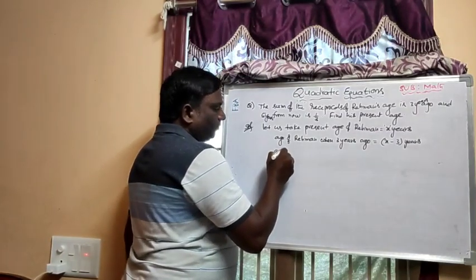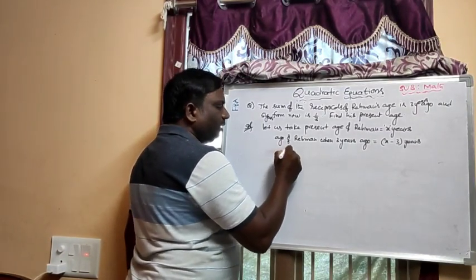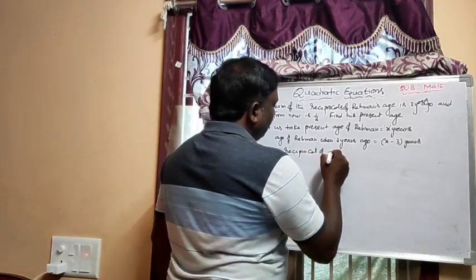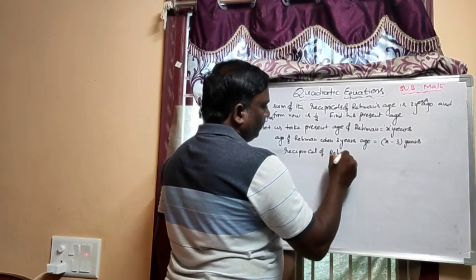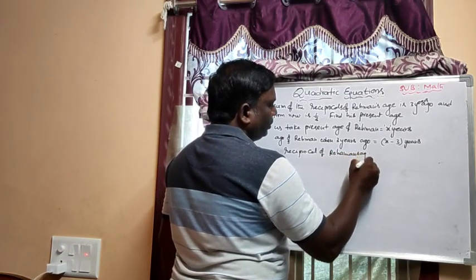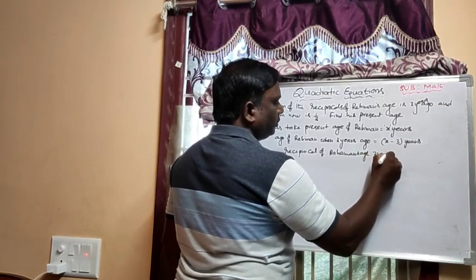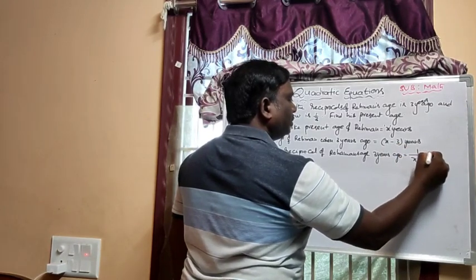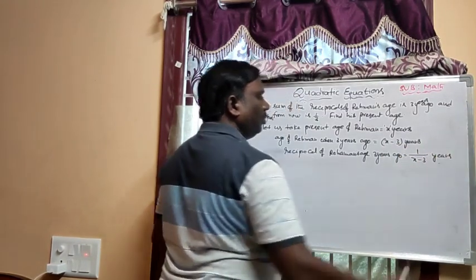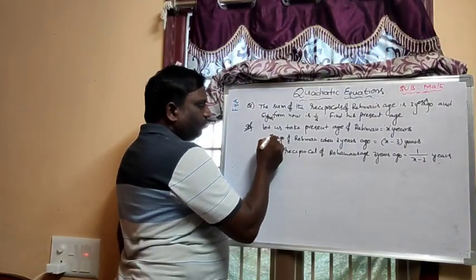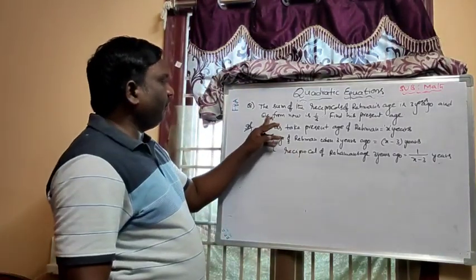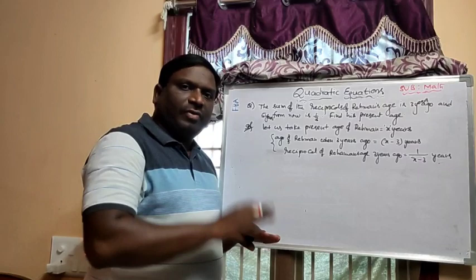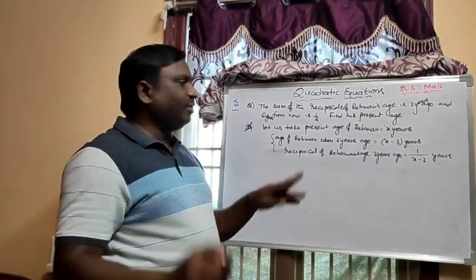The reciprocal of Rahman's age 3 years ago equals 1 by x minus 3 years. Similarly, we can write these steps for 5 years from now. From now means present age is x, so we need to add 5 years to that present age.